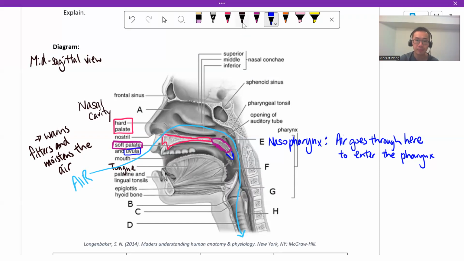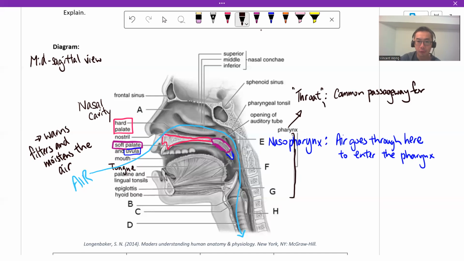Okay. So the pharynx, as the diagram shows you, is all this stuff here. That's the pharynx. You can think of the pharynx as the throat. And what does the throat do? The throat is a common passageway for food and liquid and air.